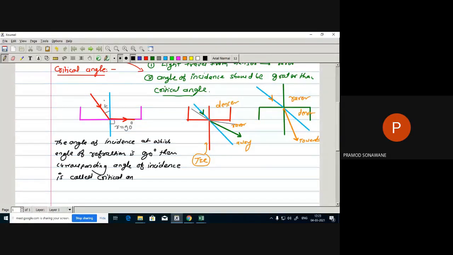You can refer to it as IC or theta C, any one letter.